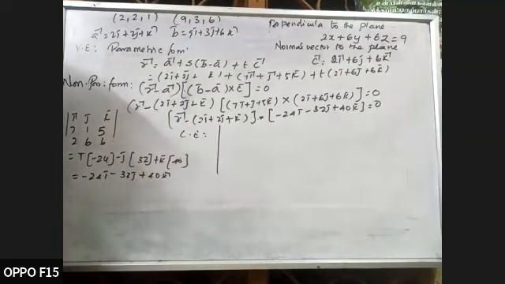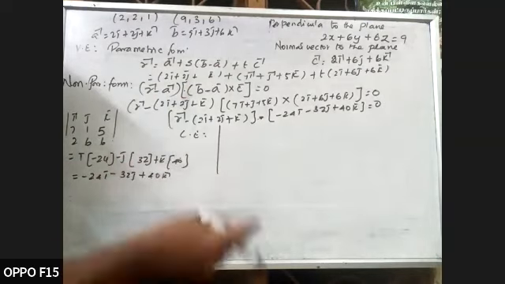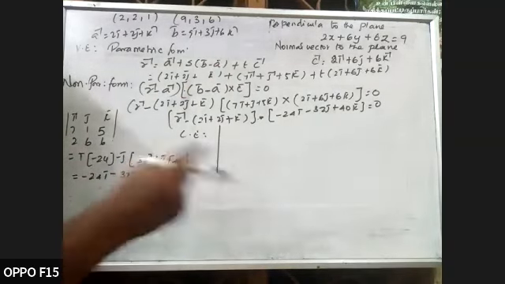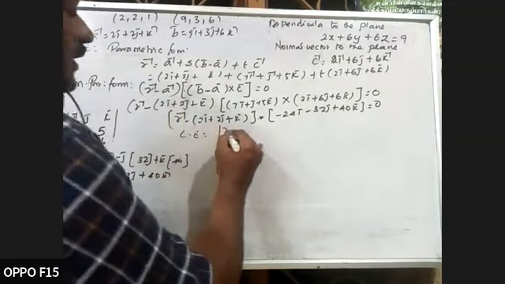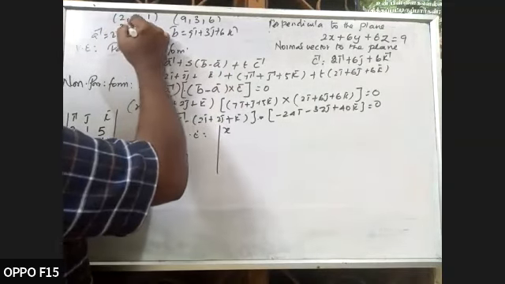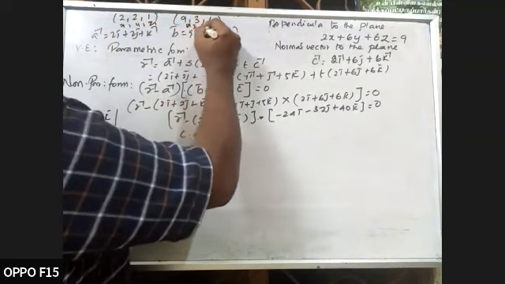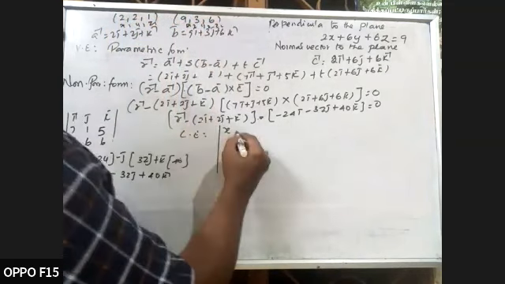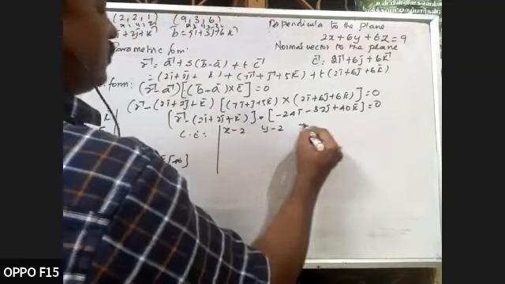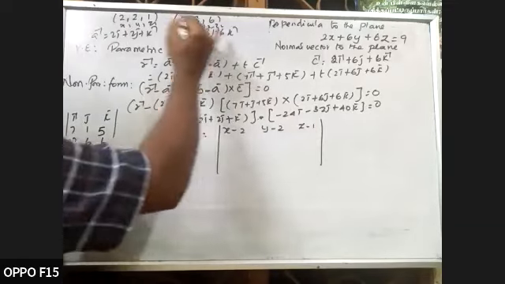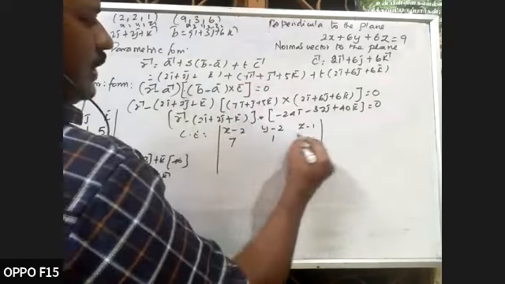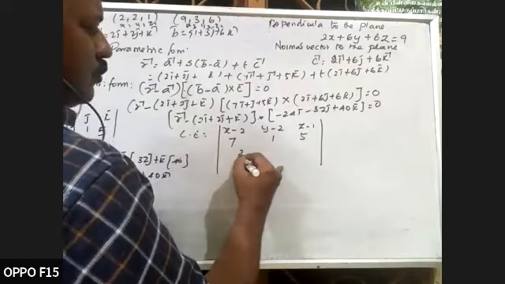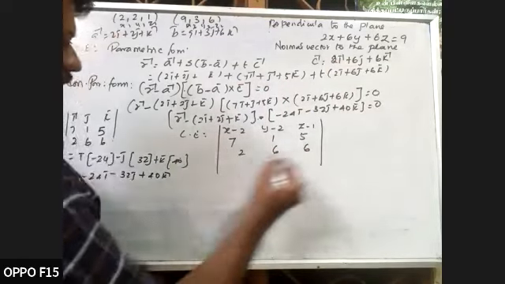What is the formula for that? The two-point formula: determinant of x minus x1, y minus y1, z minus z1; x2 minus x1, y2 minus y1, z2 minus z1; a, b, c equals 0. So the rows are x minus 2, y minus 2, z minus 1; 7, 1, 5; 2, 6, 6 equals 0.